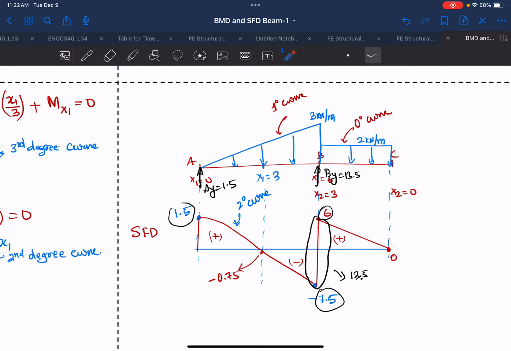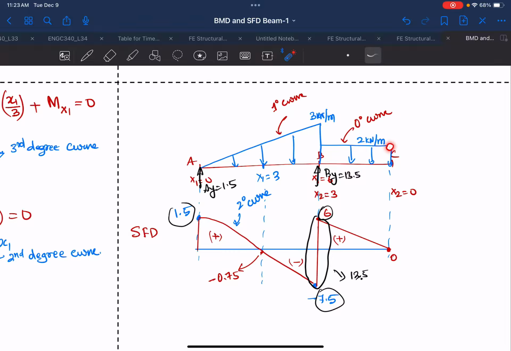Another thing is, when I draw the shear force diagram, you see that I draw the slope equal to 0 here, which is almost flat. Why? Because at this point the slope of my loading is 0, whereas at this point the slope is the highest. So I have to draw it in such a way that the slope is 0 here and the highest here. Here the intensity of the loading is not equal to 0, that's why I have to have a slope for the second part.